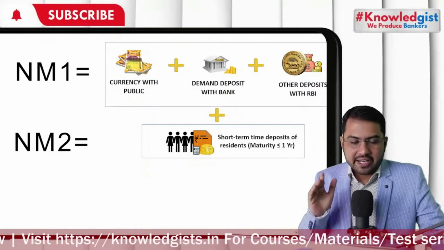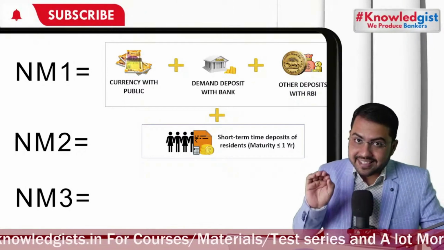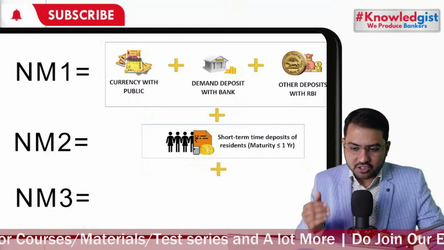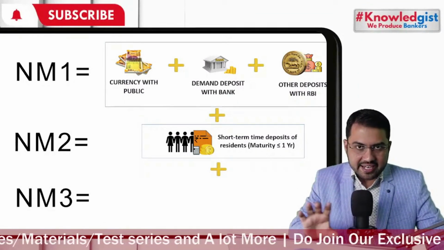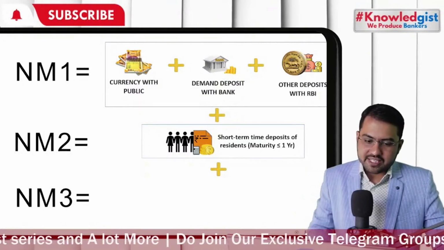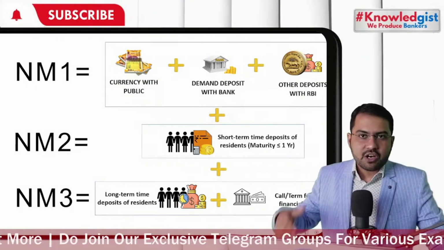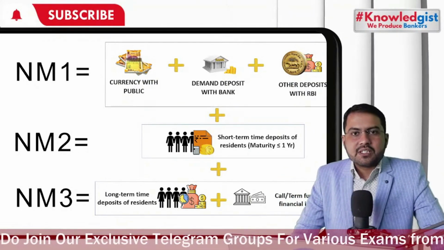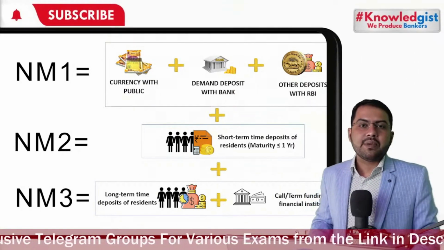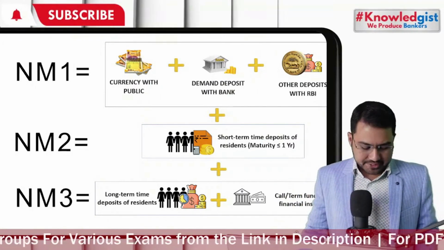NM2 is NM1 plus time deposits up to 1 year with banks by resident Indians. And NM3 is NM2, that means NM1 plus short-term time deposits, plus long-term time deposits of resident Indians, that means Indians depositing beyond 1 year, plus call or term funding from financial institutions, the loans etc. given by the FIs.